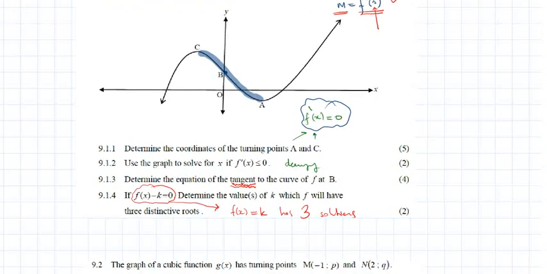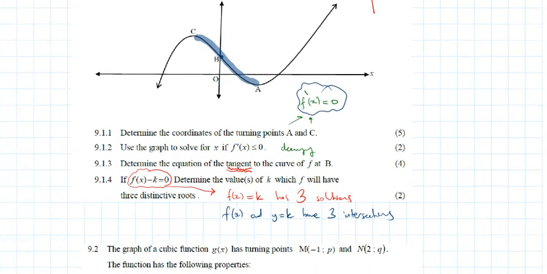Okay, so f of x and y is equal to k has 3 intersections. That's what it means. So that equation has 3 solutions, means f of x and the line y is equal to k have 3 intersections. So what is the y is equal to k line?